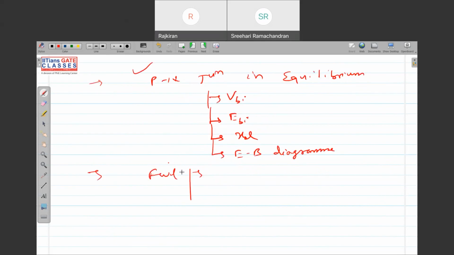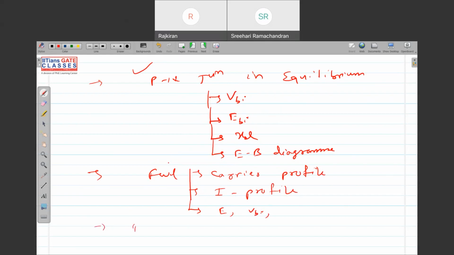So I'm telling what things we have covered. In forward bias we have covered the carrier profile, how the current flows, the current profile. We have analyzed the electric field, built-in. All the things you have seen in forward bias.